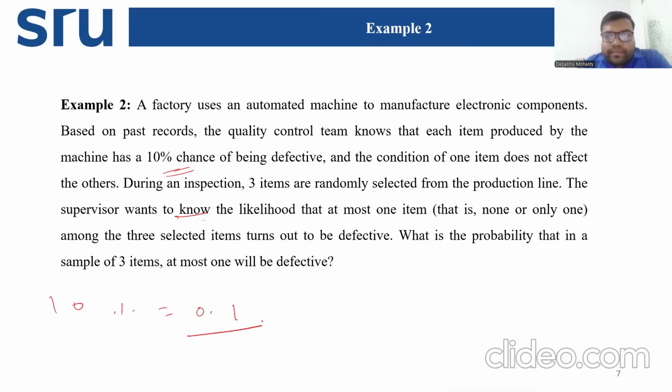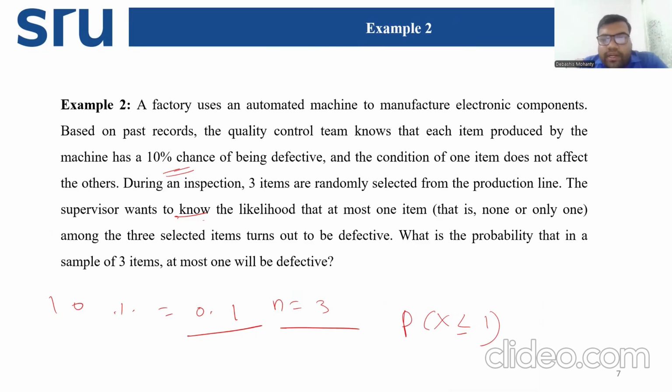During an inspection, three items are randomly selected, so the n value is equal to 3. The supervisor wants to know the likelihood that at most one item, maximum one item, is defective. So you need to calculate the probability of X less than or equal to 1.